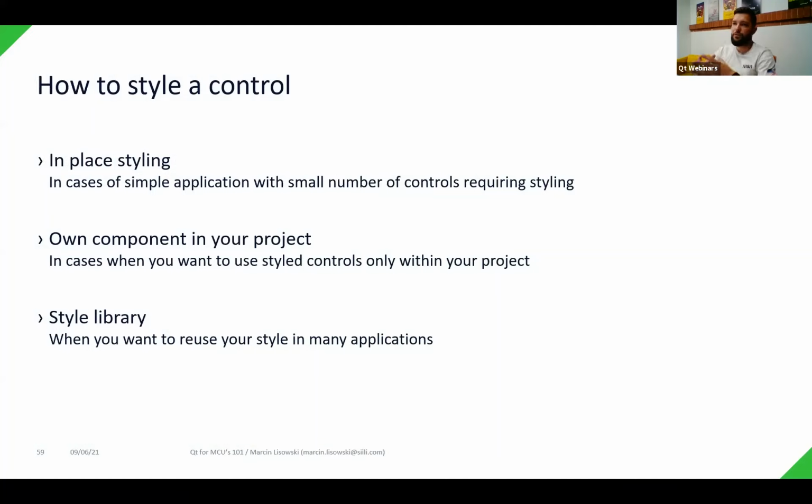So right now, let's go to styling controls and how you can provide a custom style for your button or any other user control, the default one. There is a way to define an in-place styling, which simply defines the style in the place in the QML where you are using, let's choose that button.